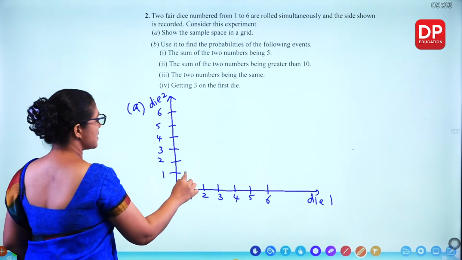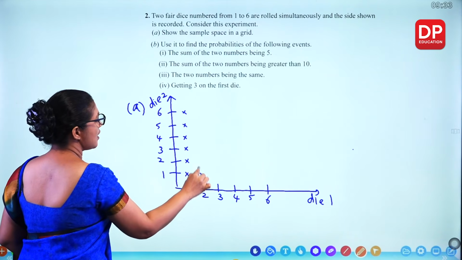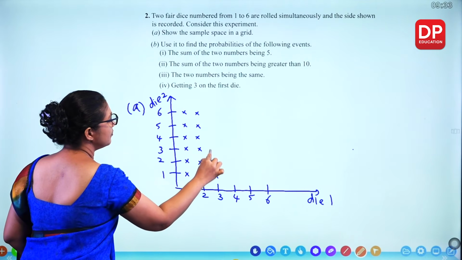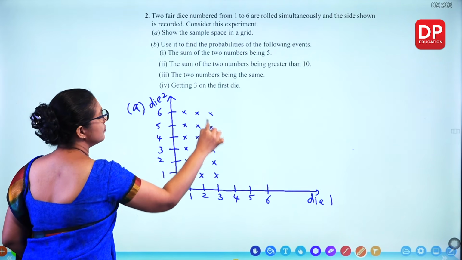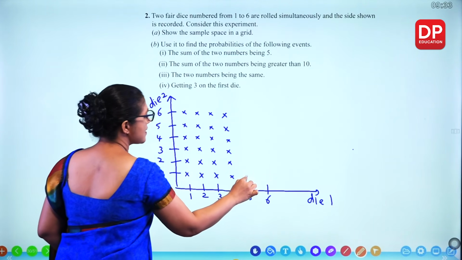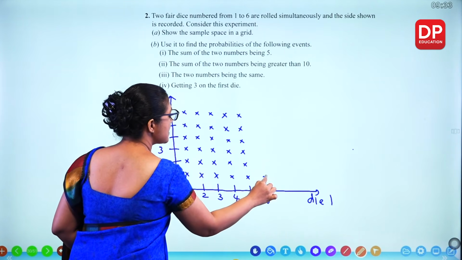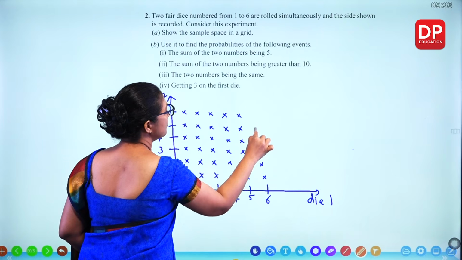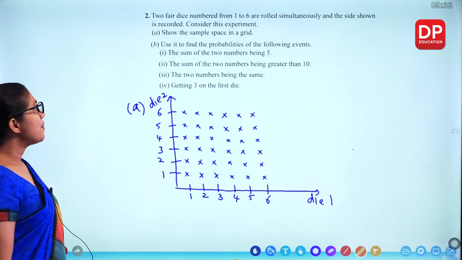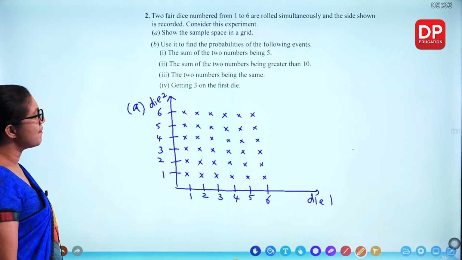So what are the possibilities? I can get these possibilities when you think about 2 dice. Altogether how many? 6 times 6. Altogether we get 36 outcomes. And we'll try to answer part B. First part, the sum of the two numbers being 5.